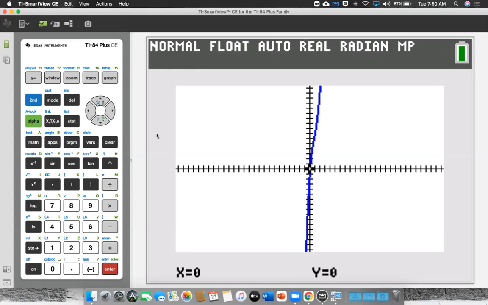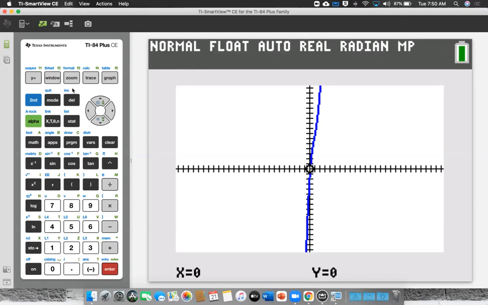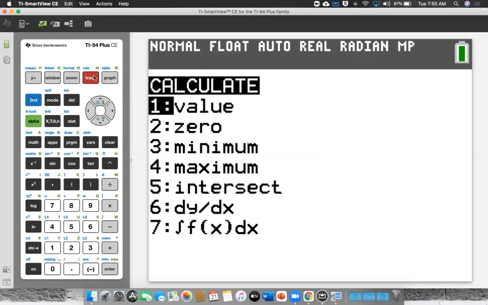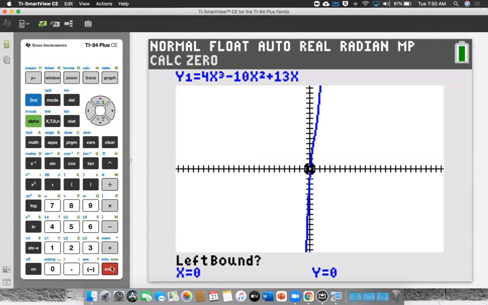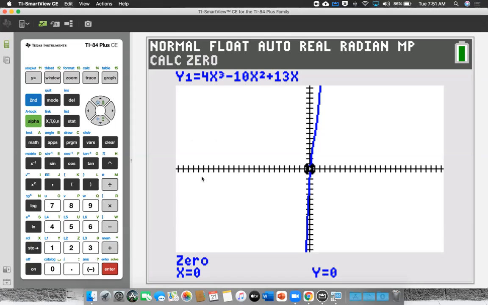So it looks like it's only going to cross that one spot. And it's at 0. It crosses at 0 again.